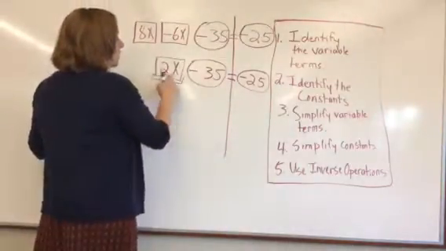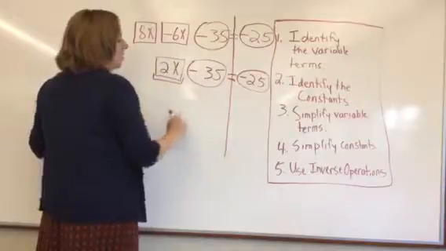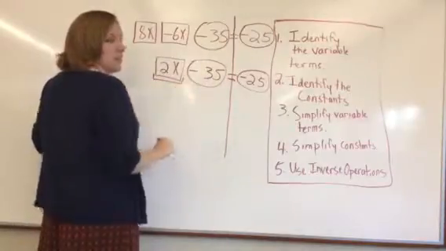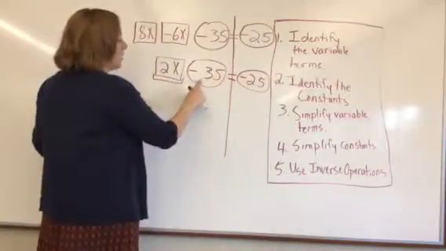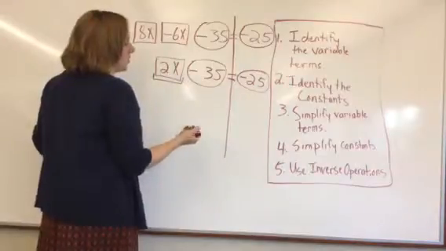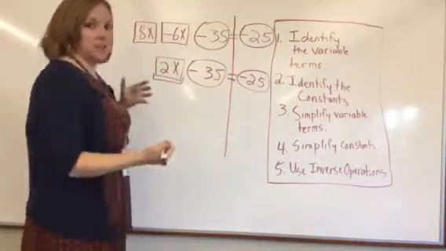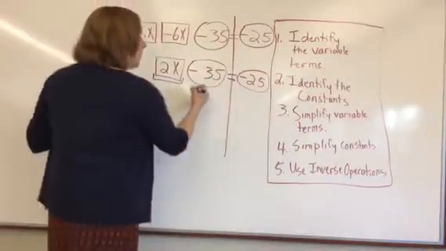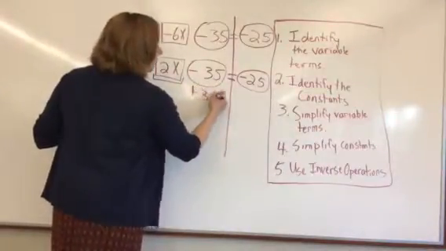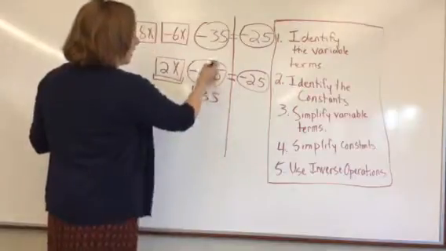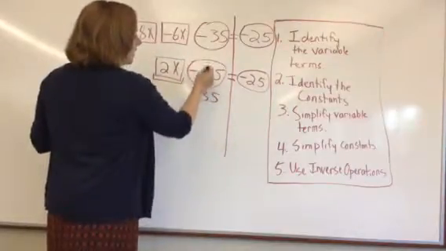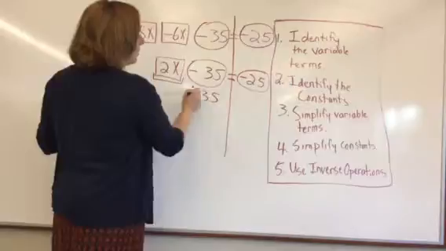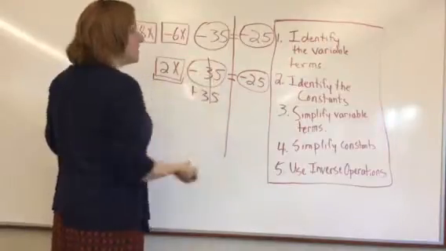So we've got 2x minus 35. We want to undo all the stuff that's done to x. We know we work with the variable term last, so I'm going to move on to this minus 35. I know from the last video that minus 35 has an inverse operation of plus 35. So I'm going to add 35 to get rid of this subtraction. Minus 35 plus 35 is 0.